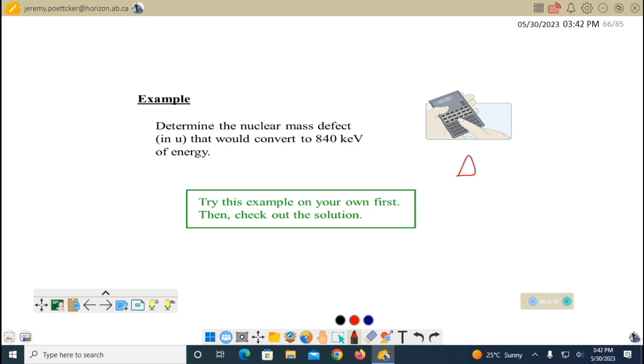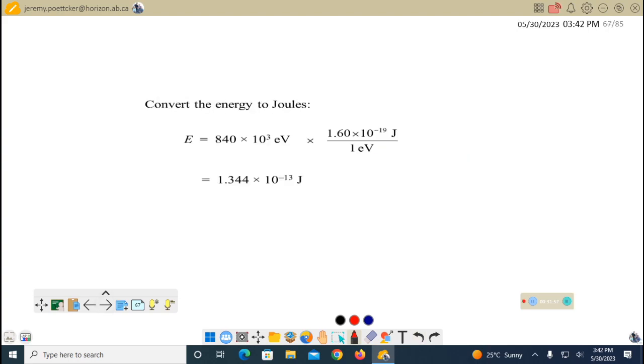Well, our formula, right, delta m is equal to E over c squared. And what are we going to do with this? Well, this is my energy. I'm going to need to turn that, first of all, into just electron volts. And then once we've turned that into electron volts, we're going to turn that into joules.